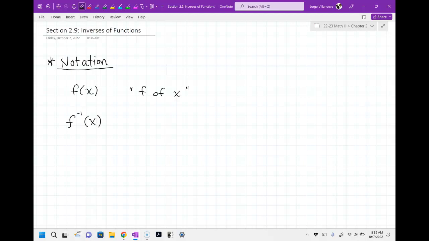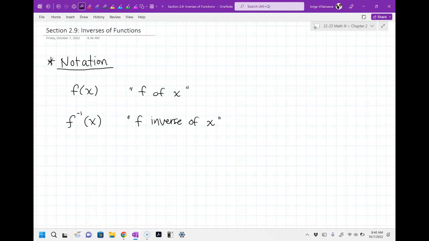I know most of the time that's what it will mean, but when you're using this type of notation, the -1 power denotes the inverse. So the way you read this is f inverse of x.